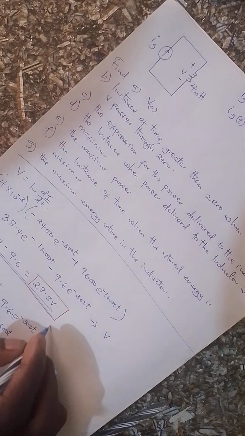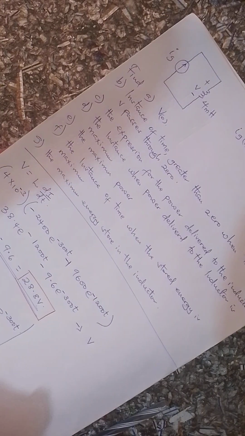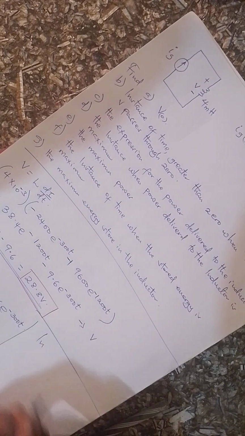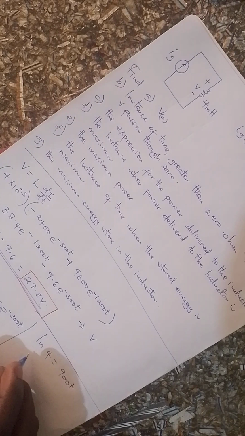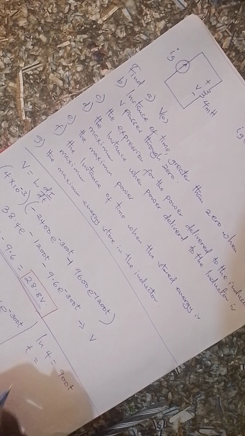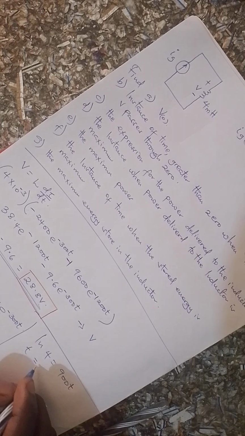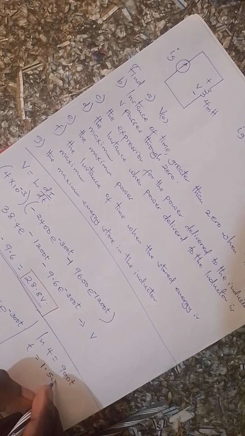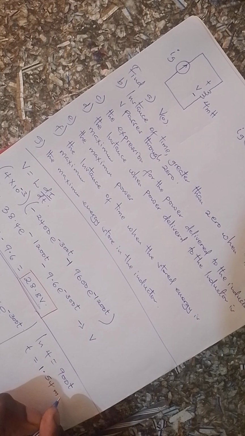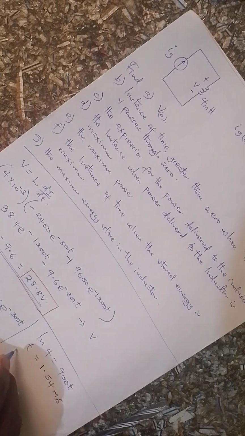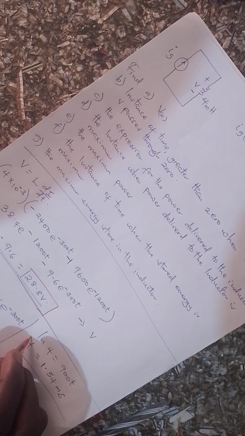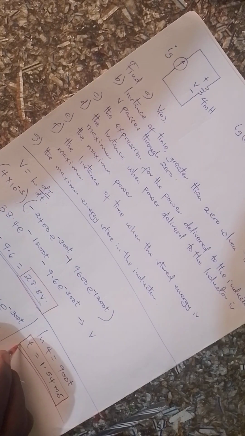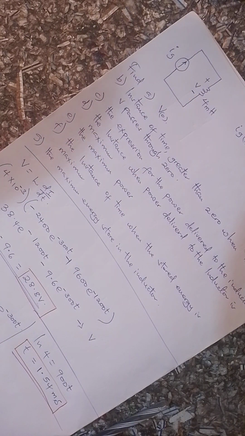Using the logarithmic concept, that's ln, it will be ln 4 is equal to 900t. t is equal to 1.54 milliseconds. So this is the final answer, the instance of time when v is equal to 0.